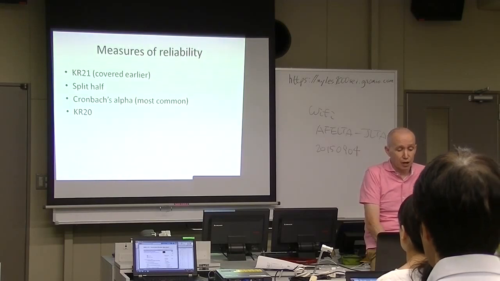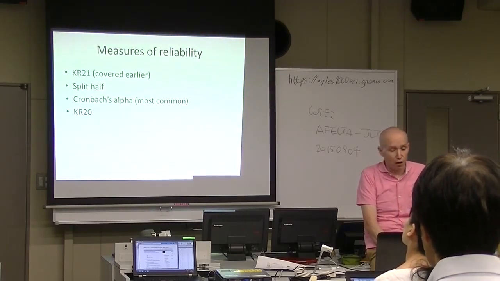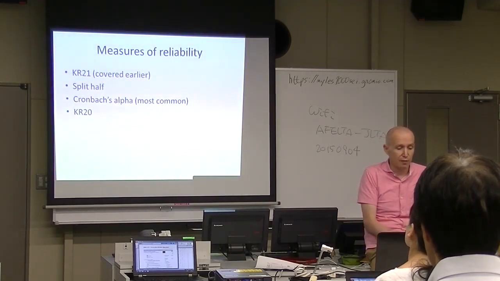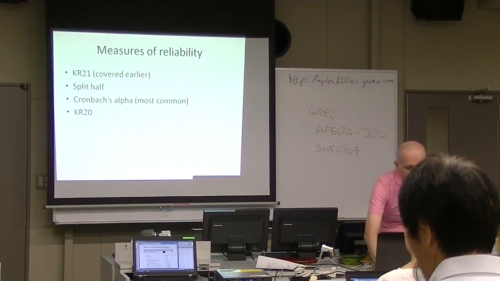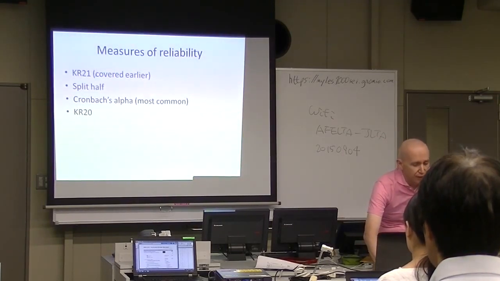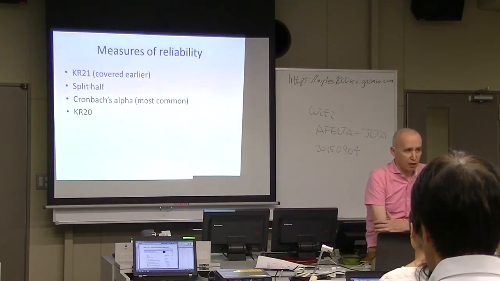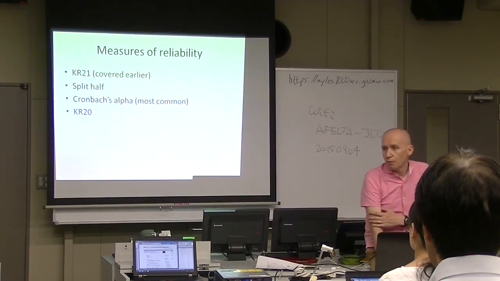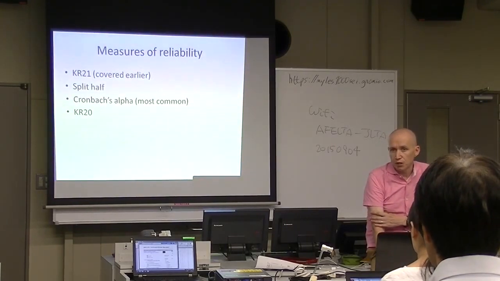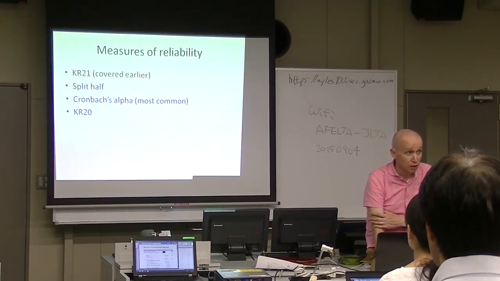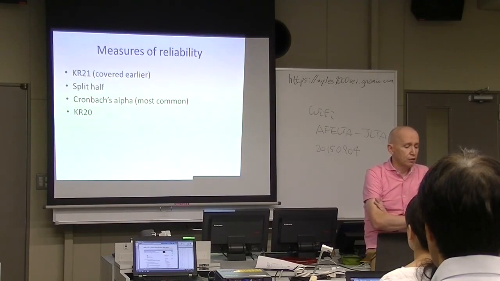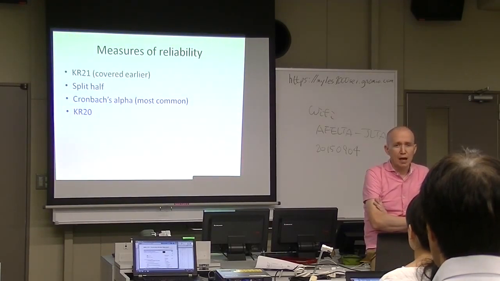We're going to look at 3 other measures of reliability. We might narrow it down to 2 because we're running out of time. We've covered KR21 briefly, that's the Kuder-Richardson 21. I'm going to introduce split half reliability, Cronbach's alpha, which is possibly the most common, and the Kuder-Richardson 20.